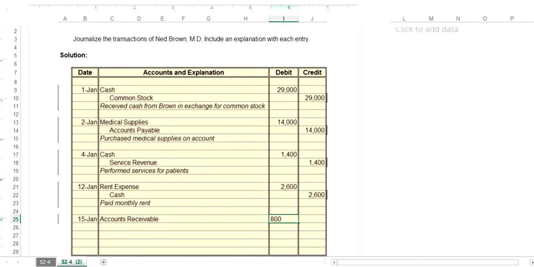And we created $8,000 of receivables because we performed $8,000 of services. So anytime we earn revenue and we need to increase revenue, we have to credit revenue. And our explanation is that we performed services for patients on account.